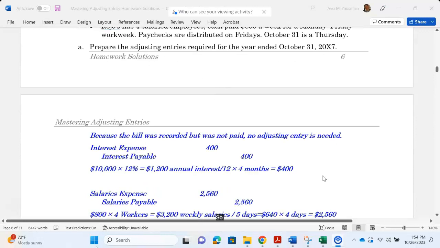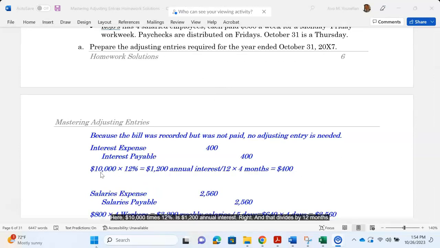So here, $10,000 times 12% is $1,200 annual interest, right? And that divided by 12 months, 1,200 divided by 12, it's $100 a month. $100 a month times 4, why 4 months?